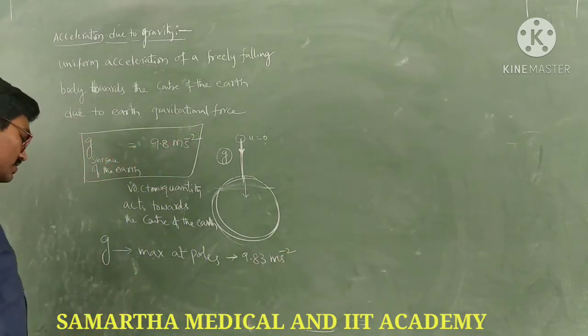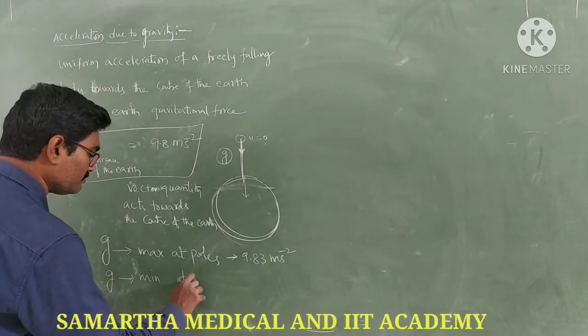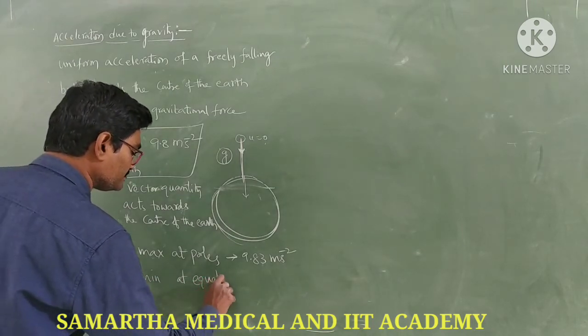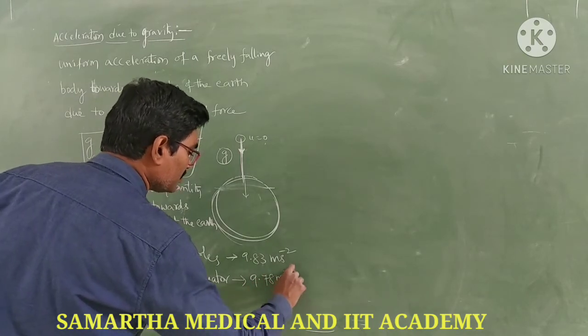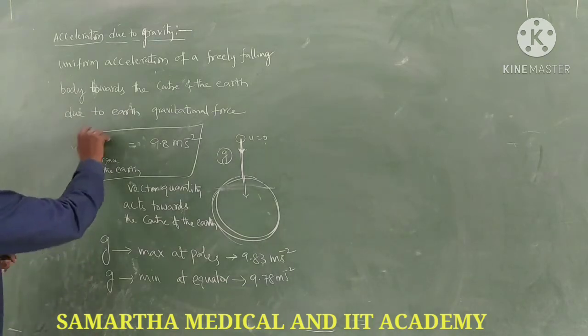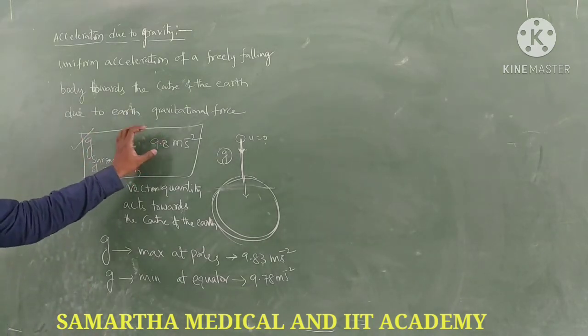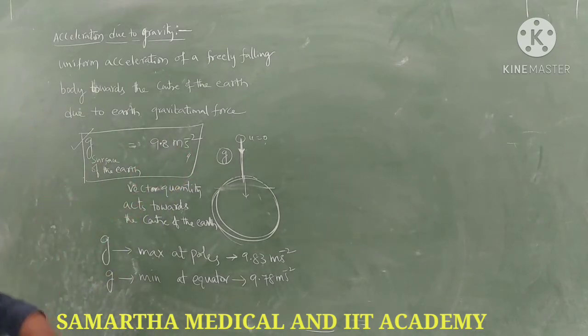And g is minimum at the equator, and that is 9.78 meter per second square. So the average value on the surface of the earth is 9.8, and when we are solving problems, we take 9.8 meter per second square as the value.